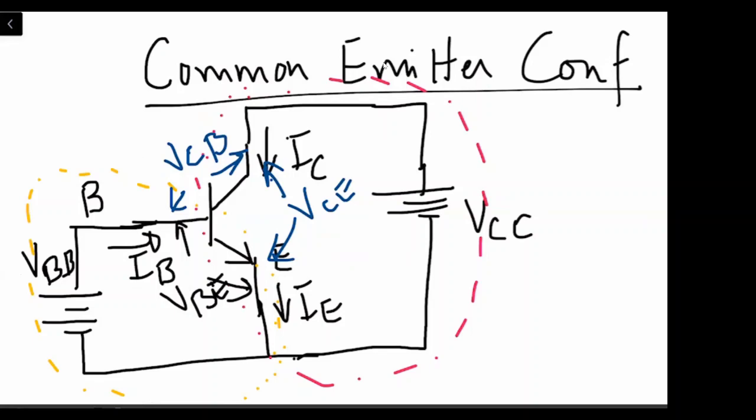So the potential at the output of the common emitter transistor will be VCE, and the current flowing in the output circuit will be IC, right?